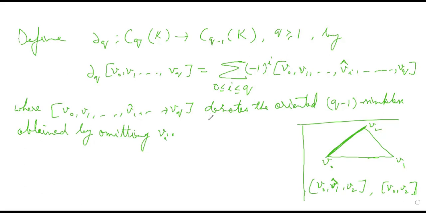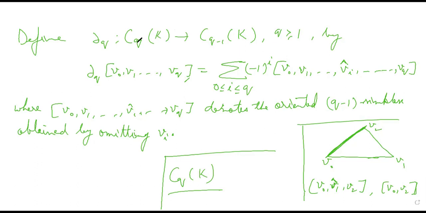Now, so this is well defined. Recall that this is basically an oriented simplex. C_q(K) is generated by the oriented q-simplices, right?